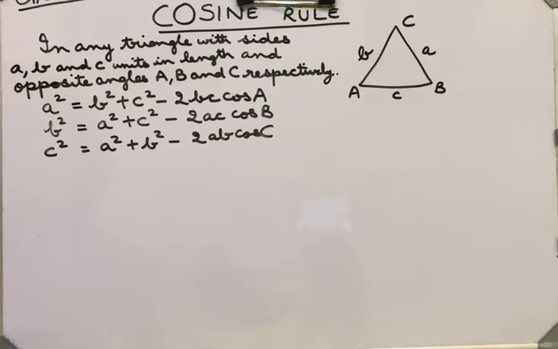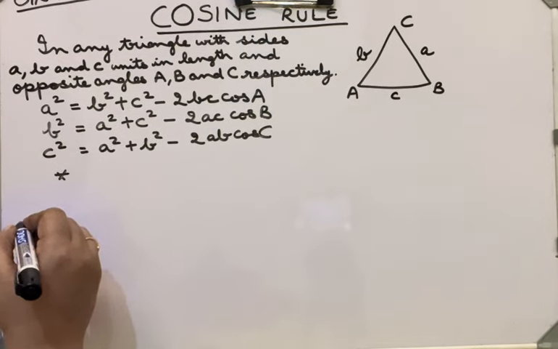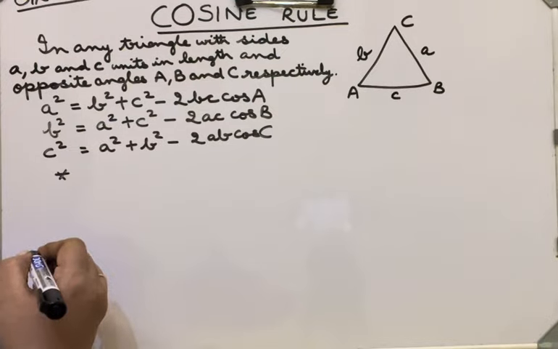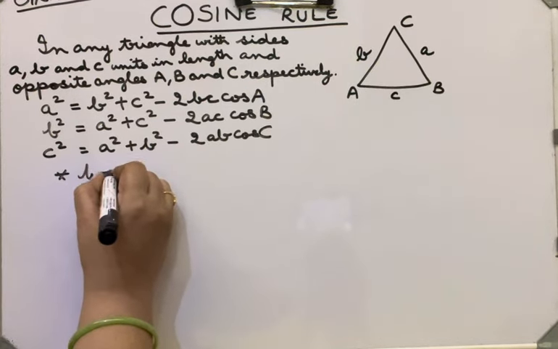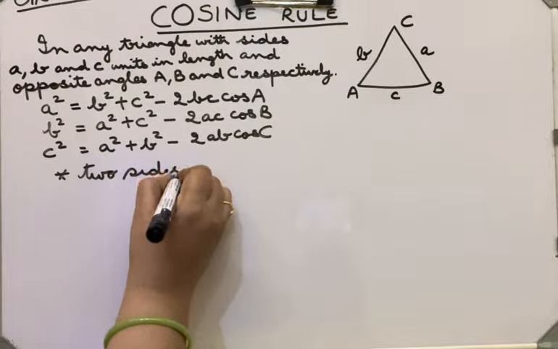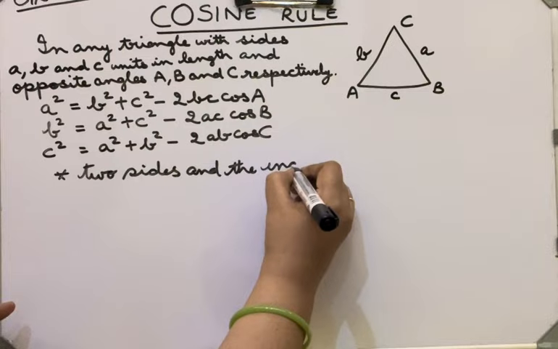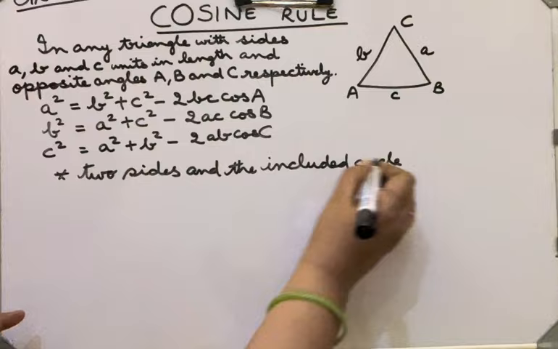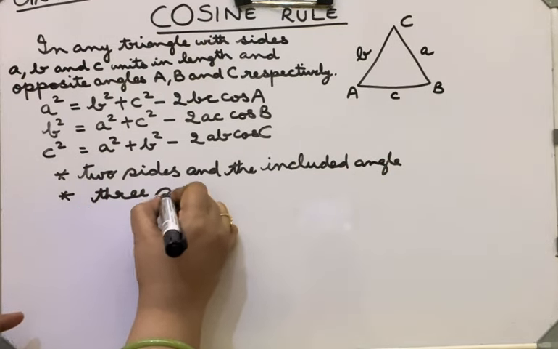The cosine rule can be used to solve problems involving triangles. So this is very important. The cosine rule can be used to solve problems involving triangles when two sides and the included angle are given, and when all the three sides are given.